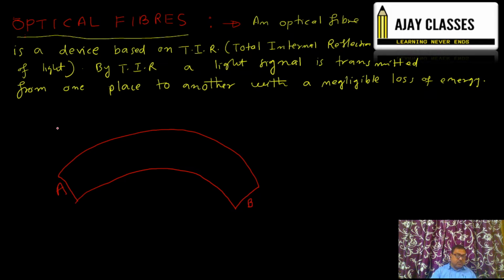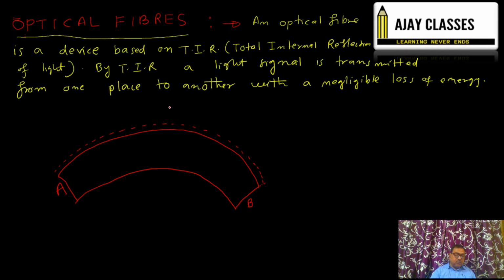And there is a coating also, and this coating can be shown by dotted lines, where we will show the value of the refractive index.